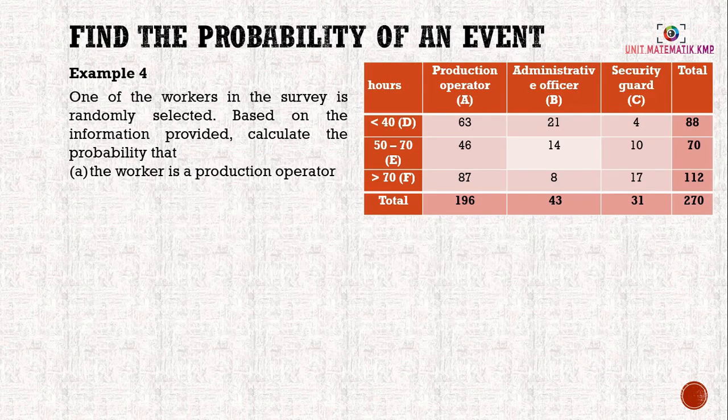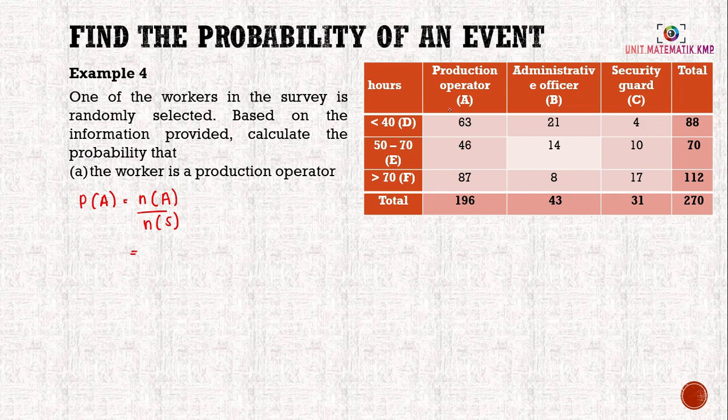Okay, next. One of the workers in the survey is randomly selected. Okay, so based on the information provided, dekat kanan ni ada table yang kita dah lengkapkan. So find the probability that the worker is a production operator. So production operator ada dekat sini. So kita nak cari probability of A. So probability of A is the number of A divided by the number of total sample space.